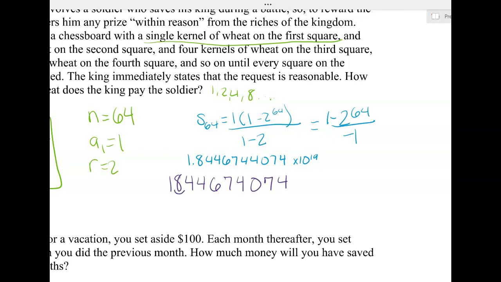So it was here: 1, 2, 3, 4, 5, 6, 7, 8, 9, 10, 11, 12, 13, 14, 15, 16, 17, 18, 19. And that's where my decimal place should be. Any of those open gaps should get a 0. And with that, that's a lot of freaking wheat.